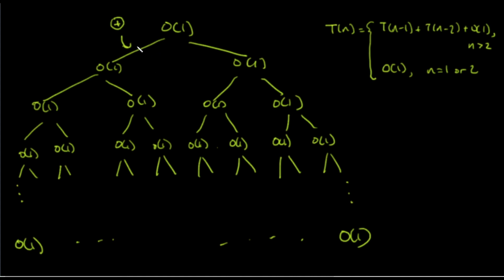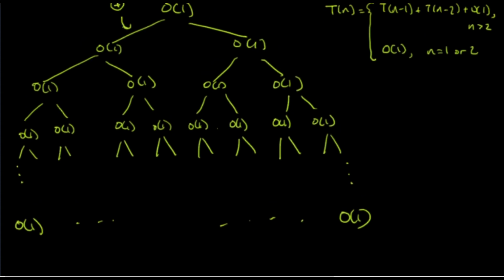In particular, the n-1 child will go on the left, and the n-2 child will go on the right of the O of 1. So if we continue that pattern, the left branch is always going to be n-1. Likewise, if you keep taking the right branch, it's always going to be n-2. But in both cases, at some point we're going to hit n equals 1 or n equals 2. So now the question is when.